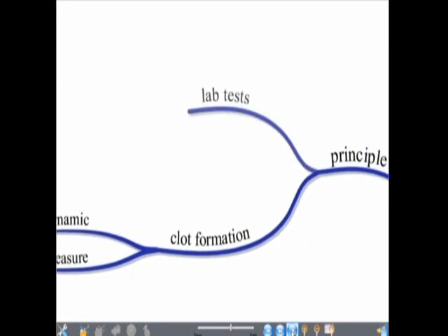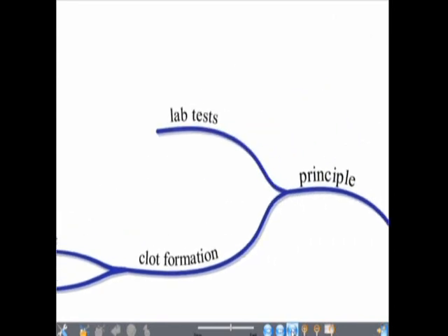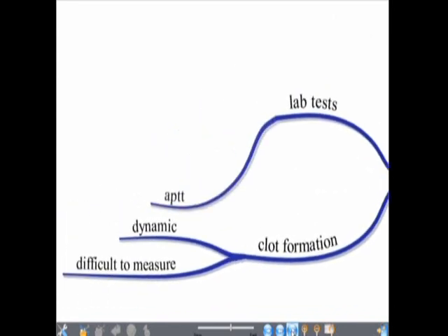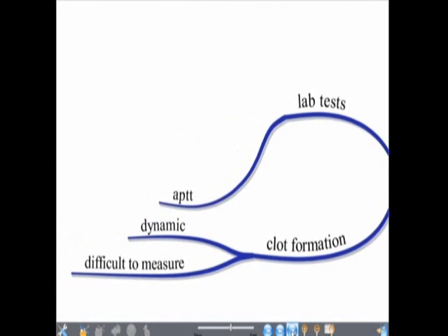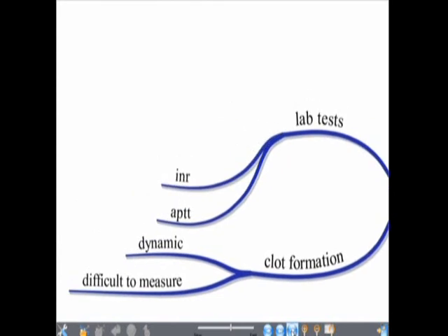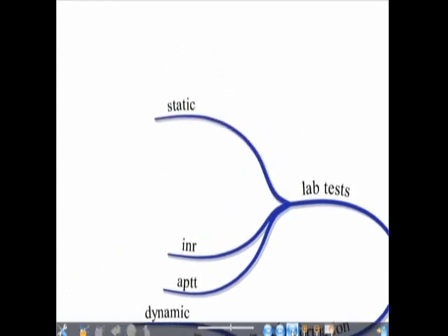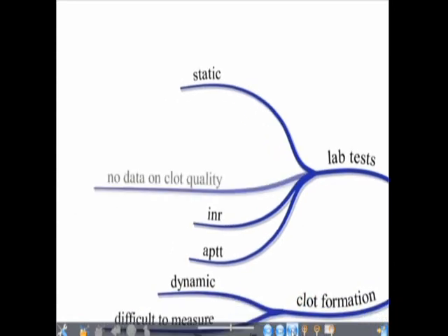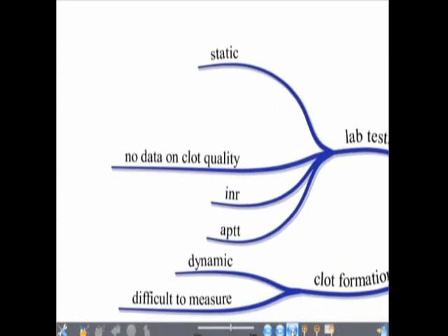See, lab tests such as APTTs, which we use, and INRs, these are quite static, as I was saying before, whereas the process of coagulation is actually quite a dynamic one. In addition to that, they only give us an indicator of the rate at which the clots are forming, or the coagulation of the blood.